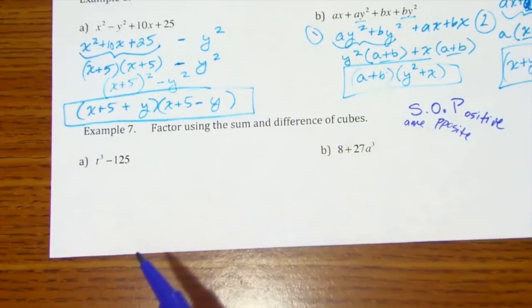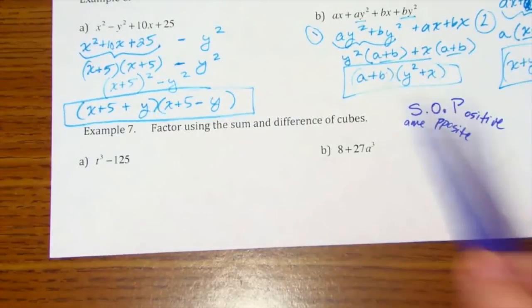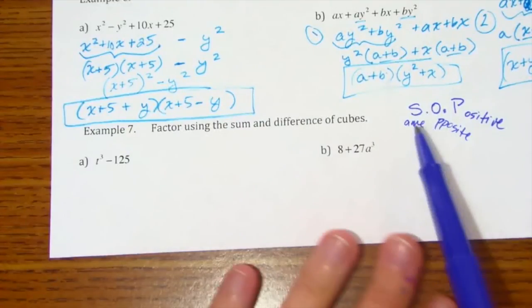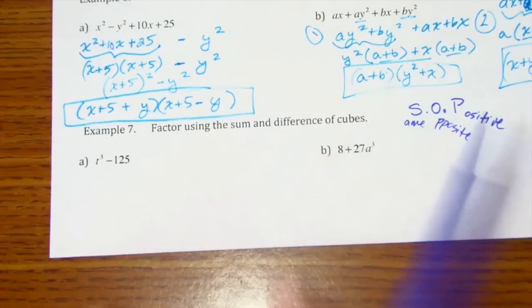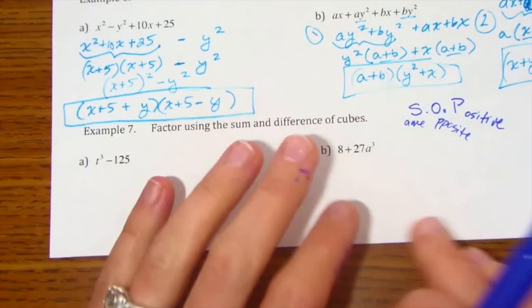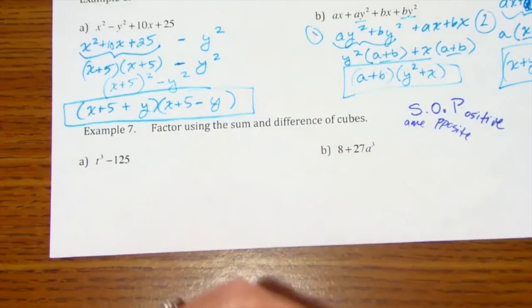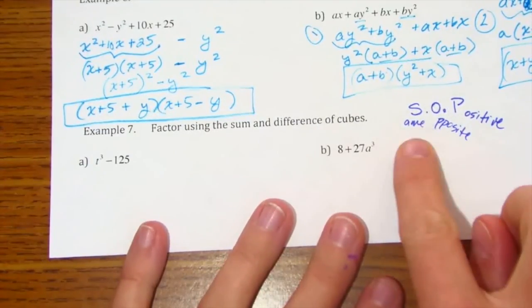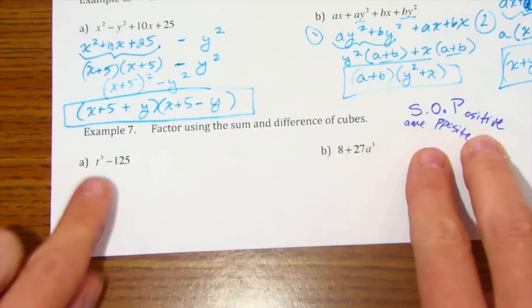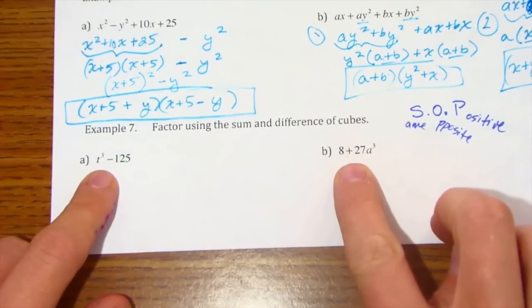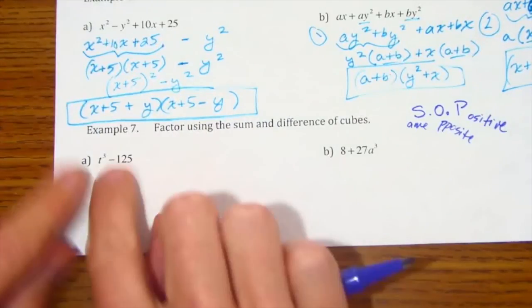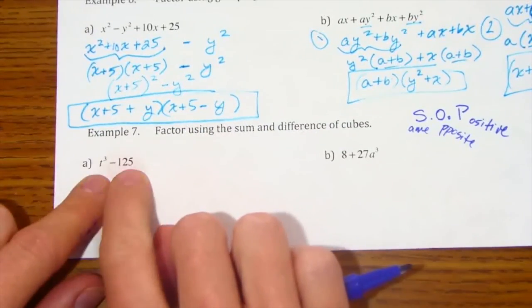I say son of a Pearson after the guy that taught me this method. His name was Pearson. You guys got to figure out your own way to remember SOP, but do remember that because when you have sums and differences of cubes, there actually isn't a very pretty or easy way to do it, and this is one of the most helpful things in trying to get there. So, same, opposite, positive. This deals with the signs that you are going to be putting into a binomial times a trinomial, which will multiply to your sum and difference of cubes.